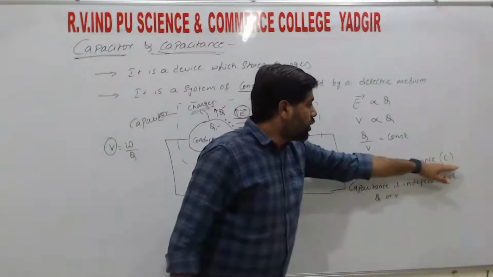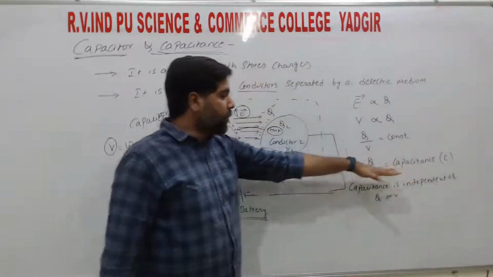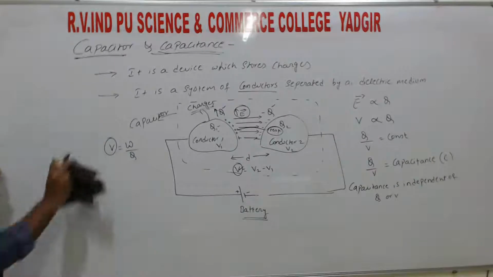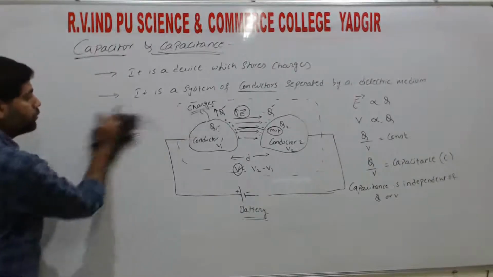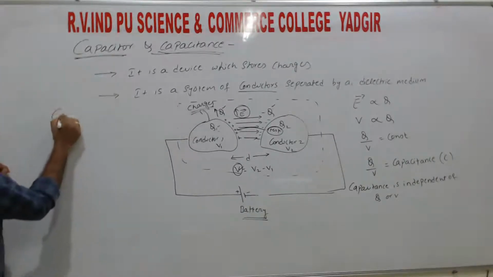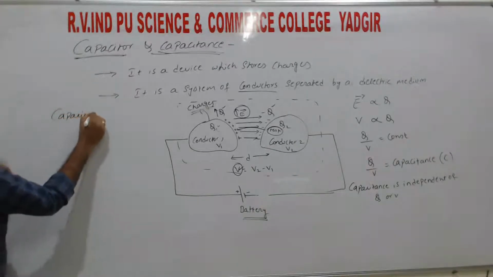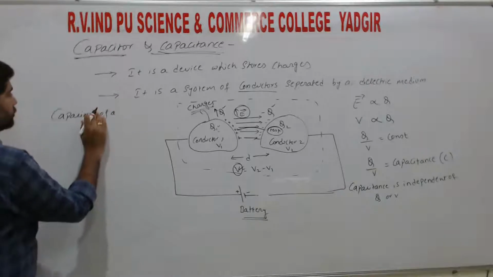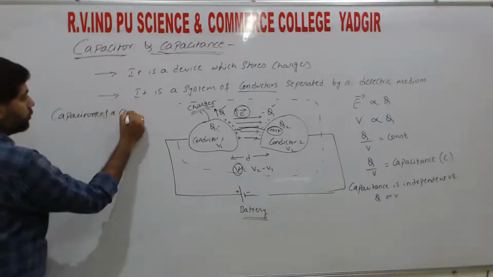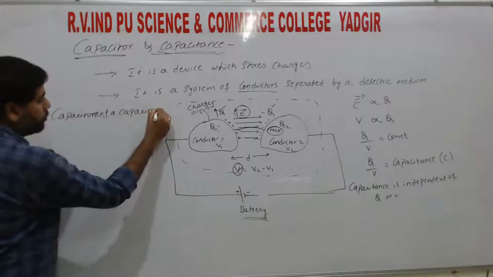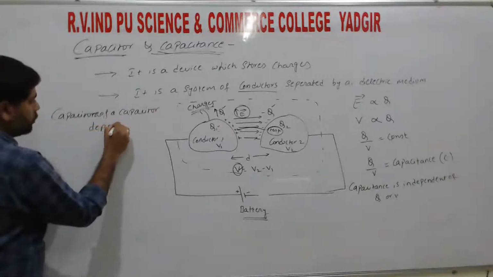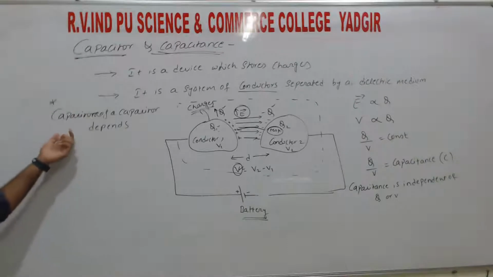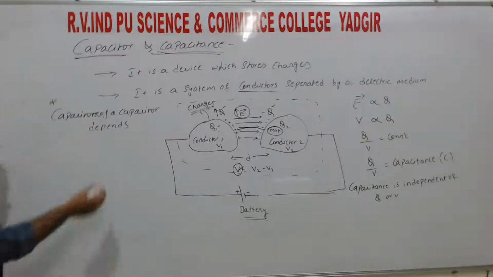So then on what factors does the capacitance of a capacitor depend? Very important for 2 marks. Several times they ask this. On what factors does the capacitance of a capacitor depend?